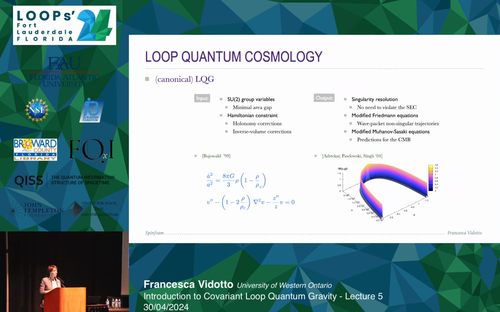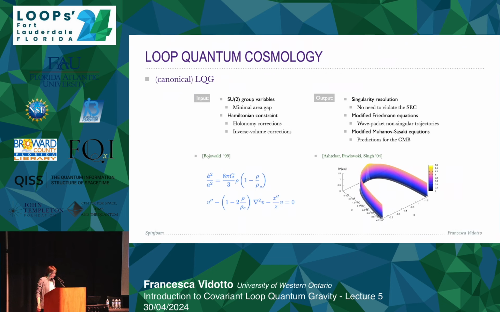So you can think about this as a tunneling. And so you can continue the evolution of your universe, or vice versa, if you look back in time, you can think that our universe is in fact emerging from a previous phase in which the universe contracted, and now we are seeing the bouncing phase, the out of bounce phase in which the universe is expanding again.